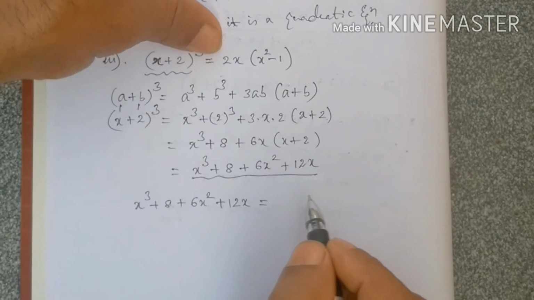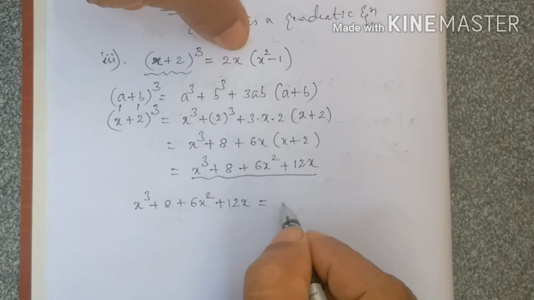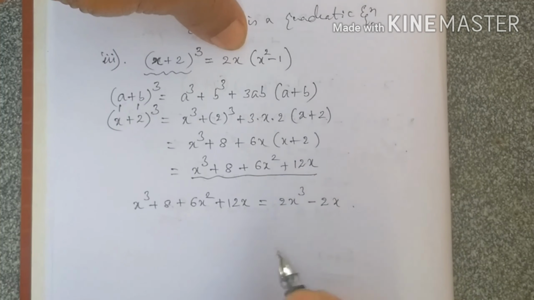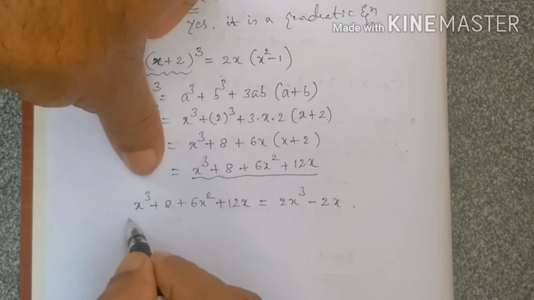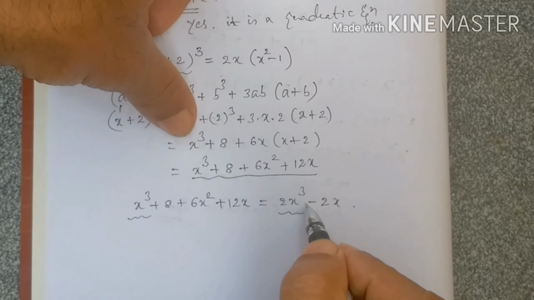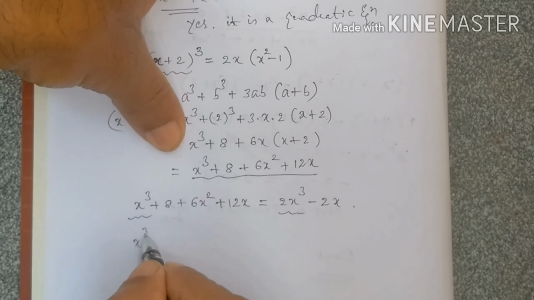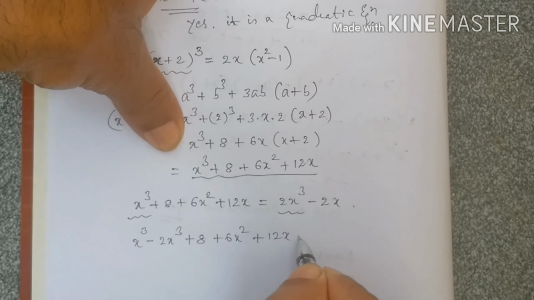On the other hand, you need to multiply 2x and (x² − 1). You are going to get 2x³ − 2x. Here you can observe one x³ term is present in the LHS and 2x³ is present in the RHS. So if you simplify by transposing this to LHS, the rest of the terms you write as it is, no problem, we are just verifying whether it is quadratic or not.